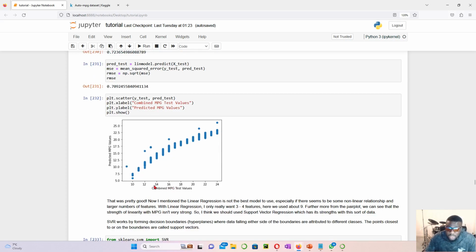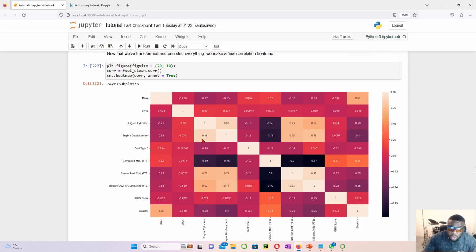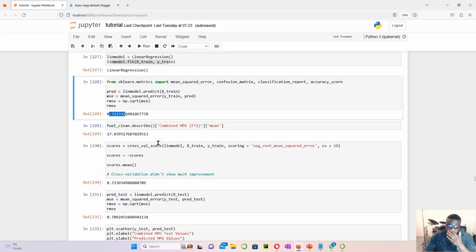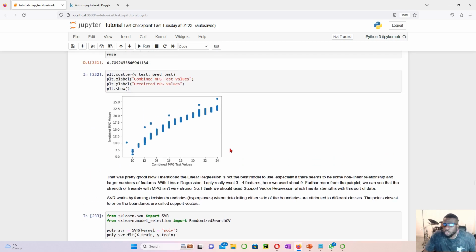So this means that the model doesn't perfectly predict the actual values for the miles per gallon of a car based upon the features that you feed it. So if we were to take this model, right, and apply it to a fresh data set with the same features, so annual fuel cost, fuel type, engine displacement, it would do a decent job of telling you, hey, this BMW would have a miles per gallon of this.